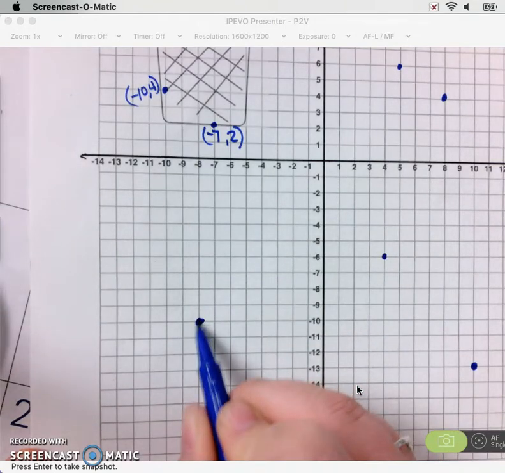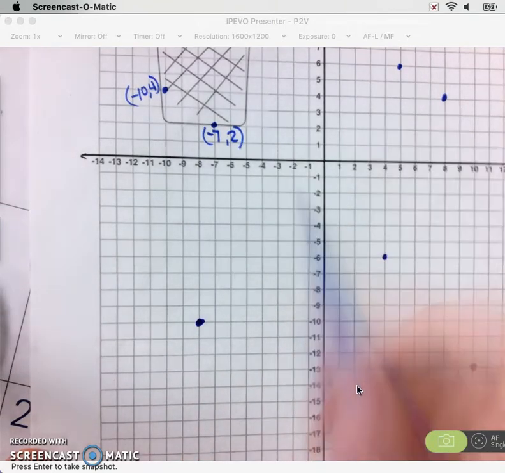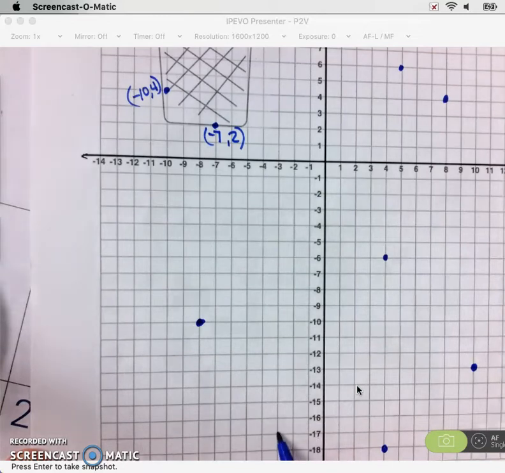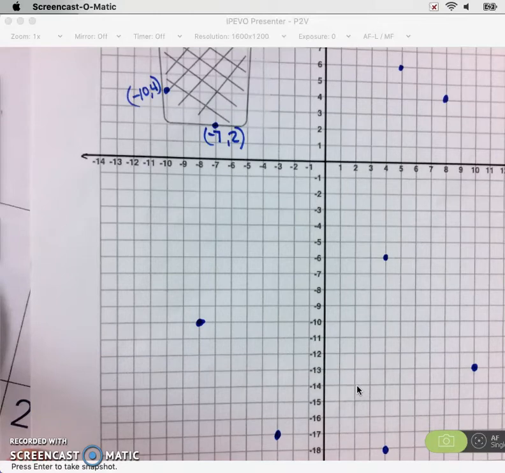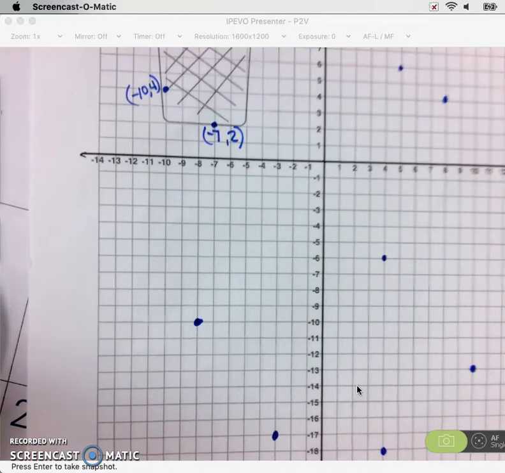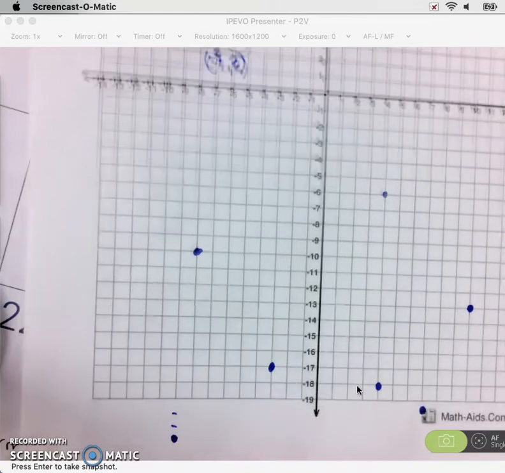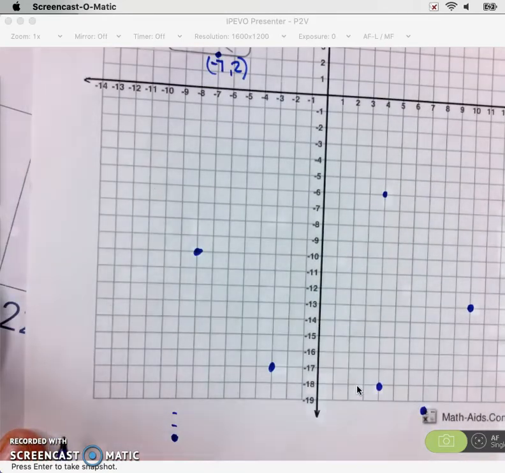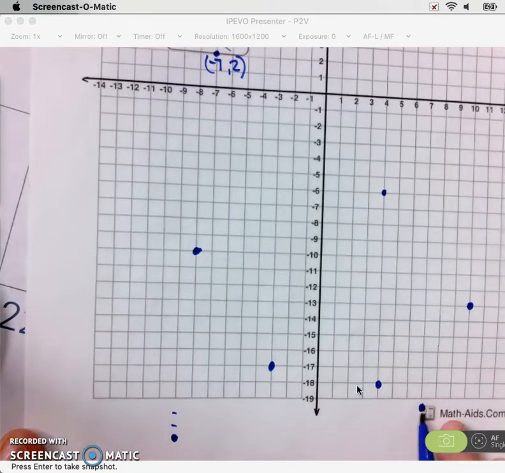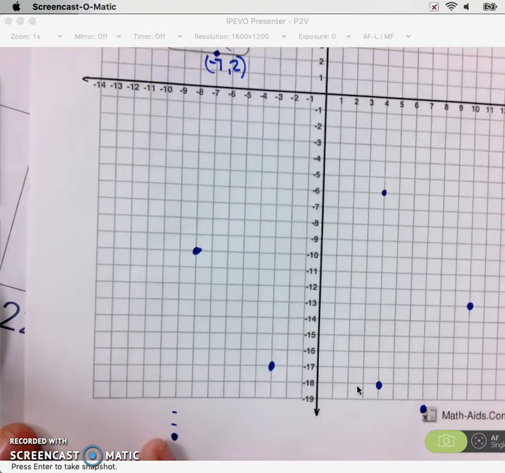So negative 10, negative 3, negative 17. And then negative 20 should be way over here, and way off my graph, but that's okay.